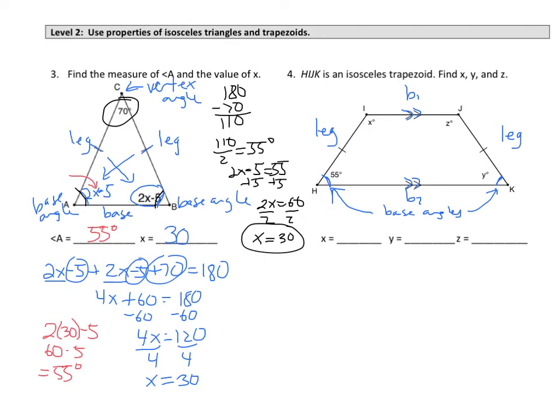Angle I and angle J are congruent to each other as well. And they're another pair of base angles. So in an isosceles trapezoid, we have 2 pairs of base angles. So if I know angle H is 55 degrees, angle K is going to be the same, so the value of Y is 55.